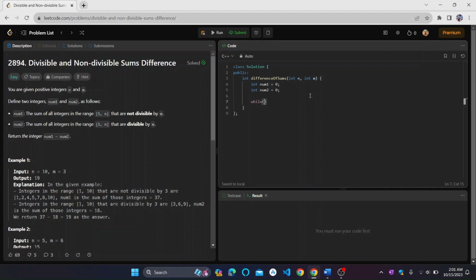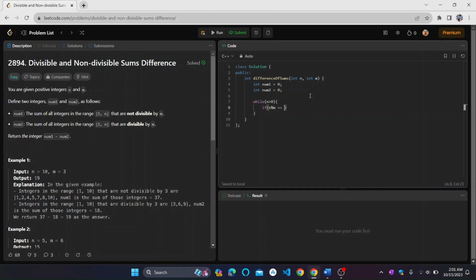While n is greater than 0, now we have to do what? If n is divisible by m, we'll use the remainder for checking whether it is divisible or not.